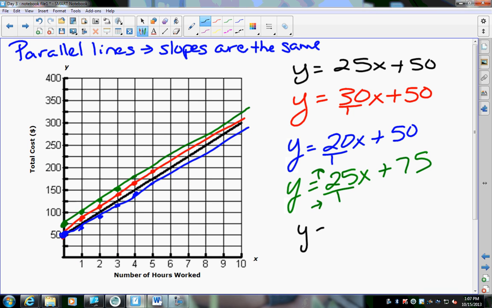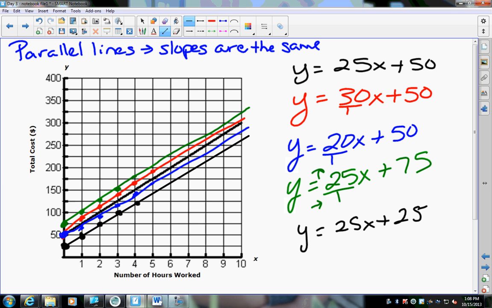We've got y equals 25x plus 25. So we're going to start down here at 25 and go up 25 and over 1. And then I can draw my line. Compared to the original equation, the only thing I changed was the y-intercept, meaning that I took that original one and shifted it down 25 units.